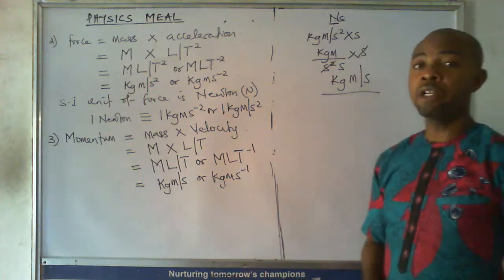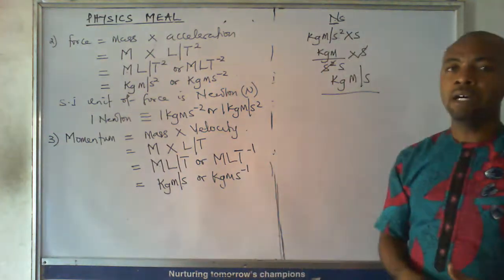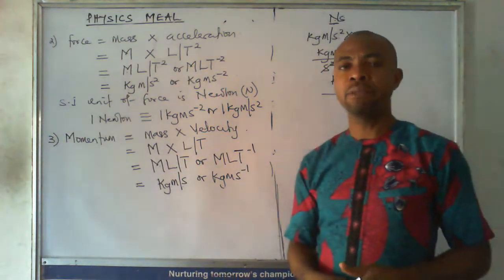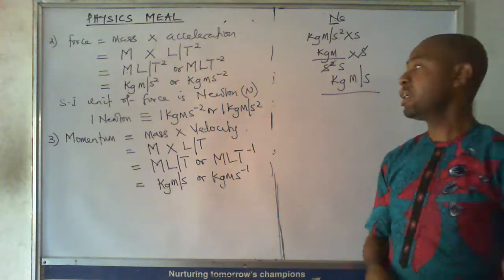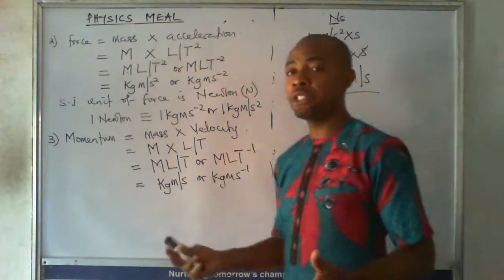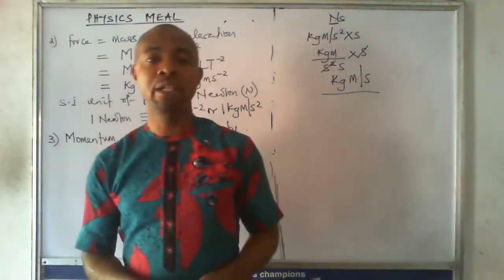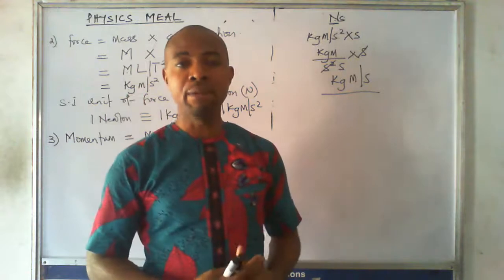All right, we are going to go on a break now. When we come back, we just look at the final part on this concept of measurement, where we're going to look at dimensional analysis. We see how we can use the principle of dimension to find arbitrary constants in a given dimension.